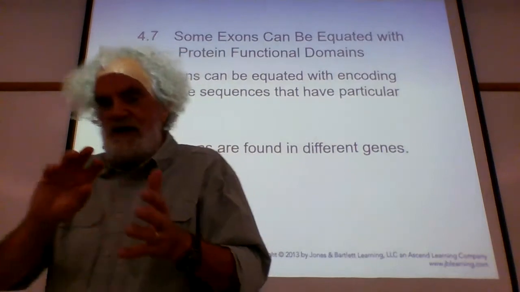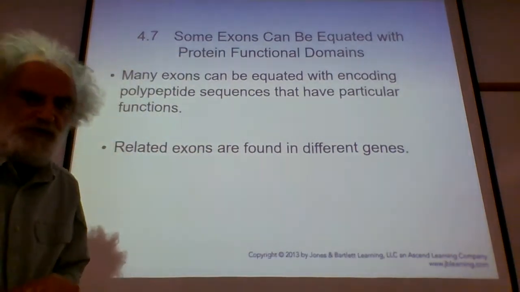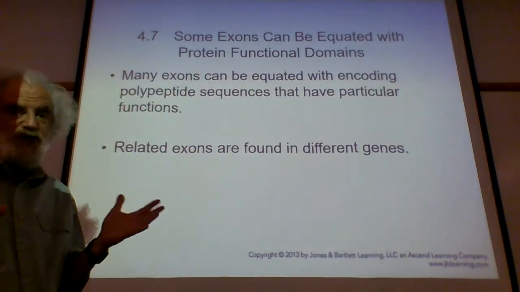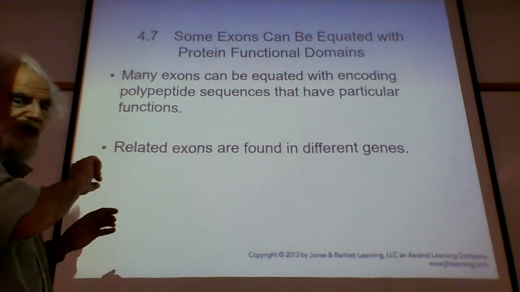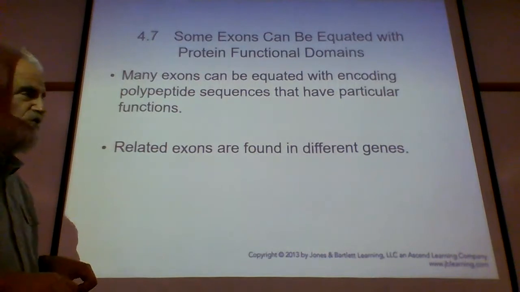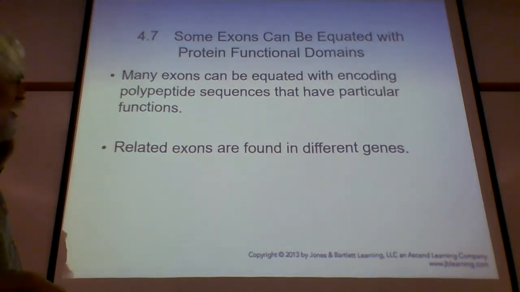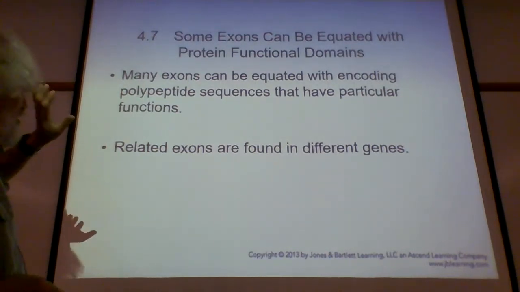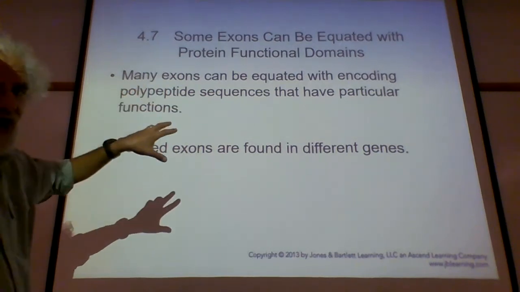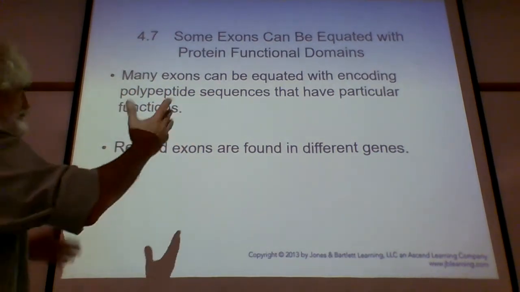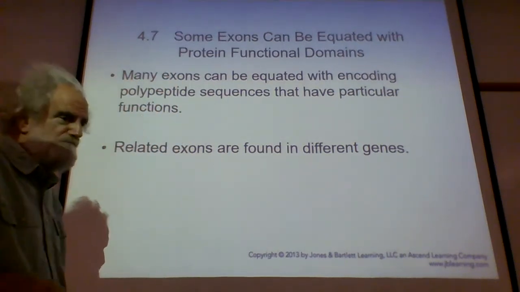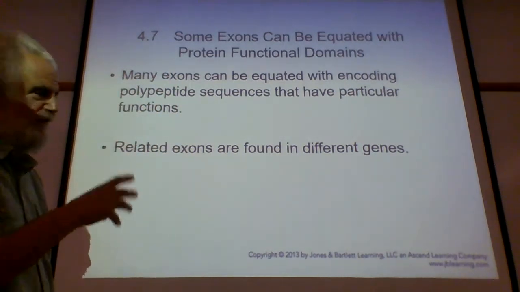You could have different kinds of anchoring or binding proteins. A whole range of different kinds of ideas come about here by being able to take a protein and change some of the different kinds of functional regions in it. So not all the time, but very often exons will have a functional encoded region in them. And that allows you to actually do mix and match of different kinds of functions within the same gene.